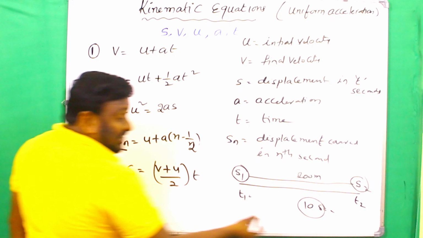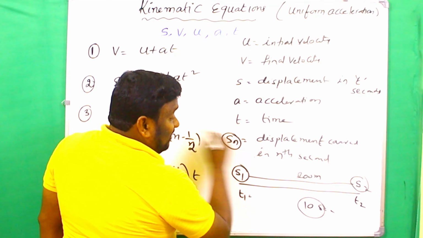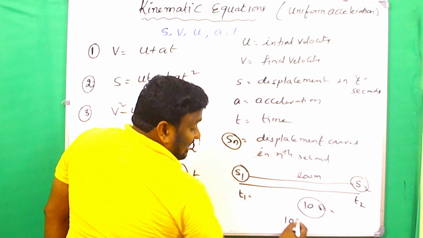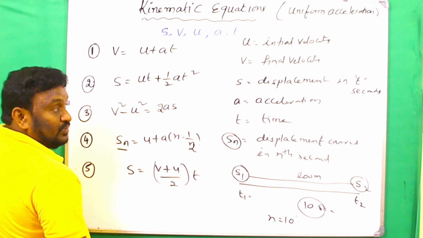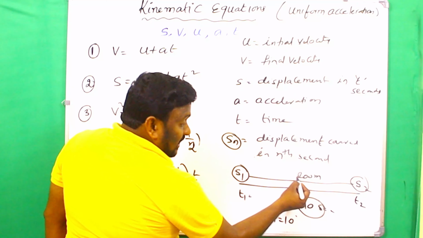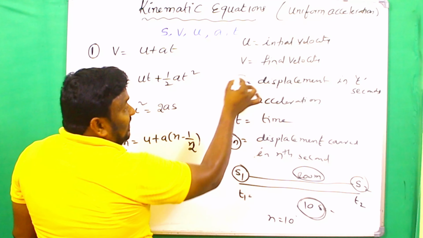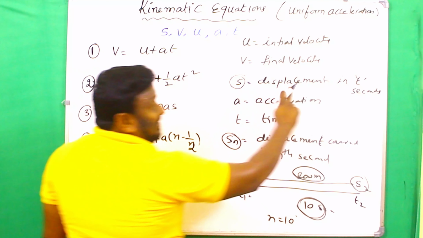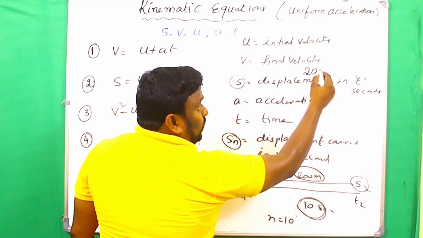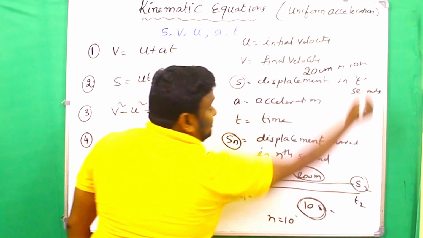Now what is the n value here? Here n is equal to 10. So 200 meters in 10 seconds is S, the displacement in t seconds.